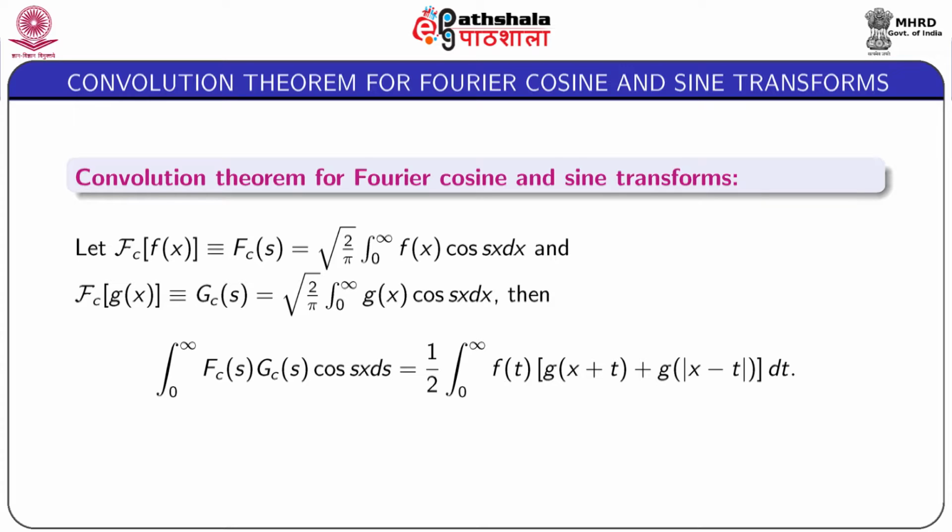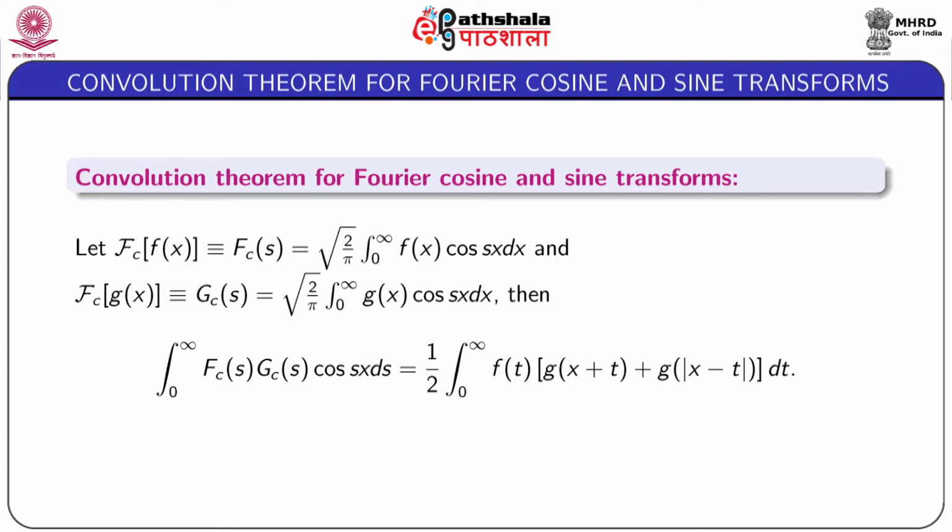Let the Fourier cosine transform of small f(x) be denoted by capital Fcs, defined as root over 2 by pi integral 0 to infinity small f(x) cos sx dx, and the Fourier cosine transform of small g(x), denoted by capital Gcs, equal to root over 2 by pi integral 0 to infinity g(x) cos sx dx.